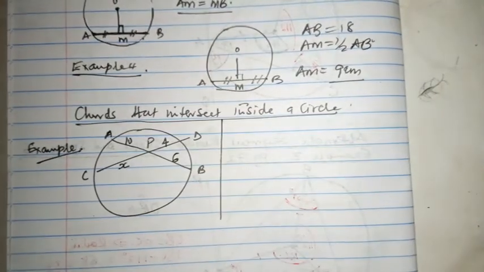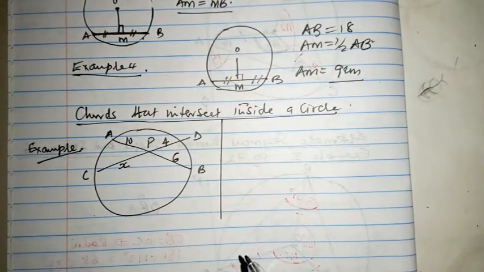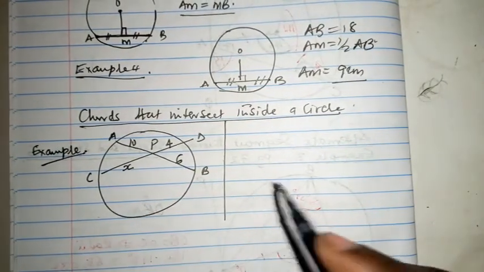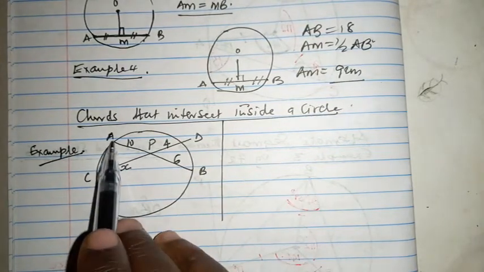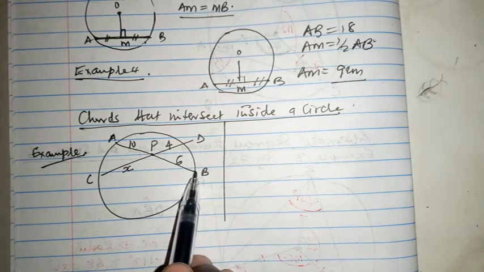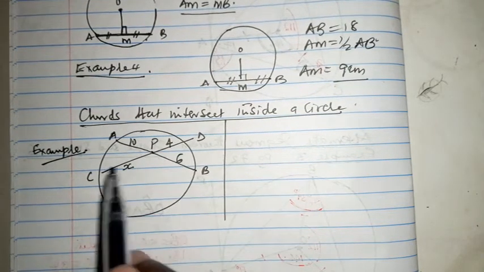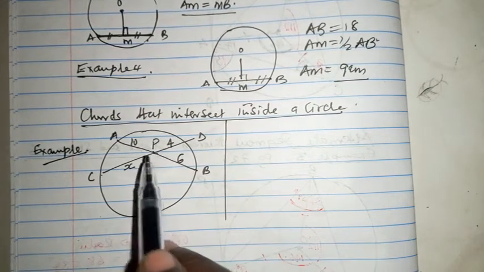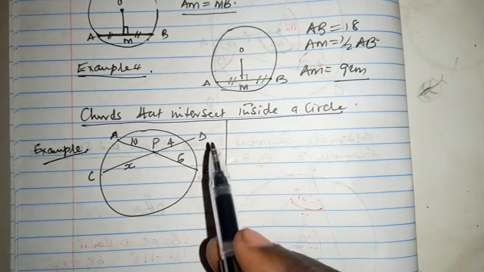Listen carefully. In case chords intersect internally, then AP times PB is equal to CP times PD.